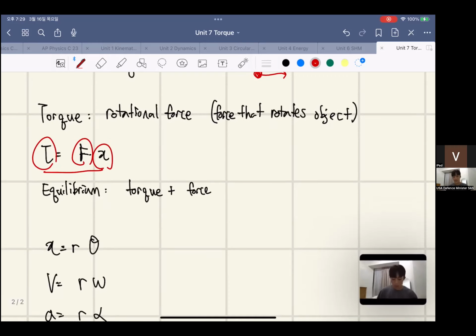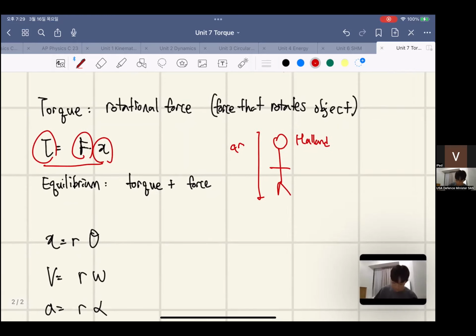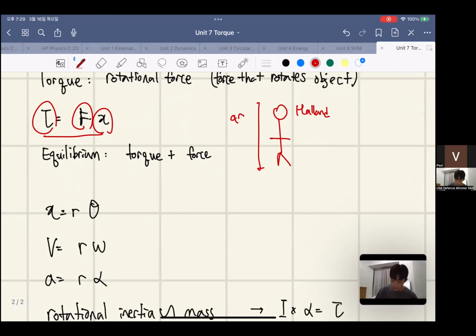We can also think of it this way. In the English Premier League, or the English Football League, there's a football player named Haaland. Now this guy is 4 meters tall. So that would be about 13 feet. He's really tall. So his legs are also extremely long.